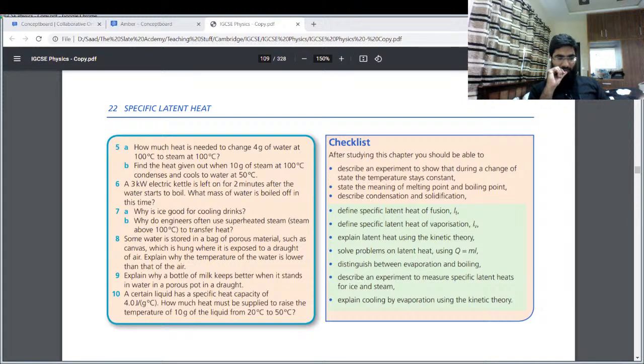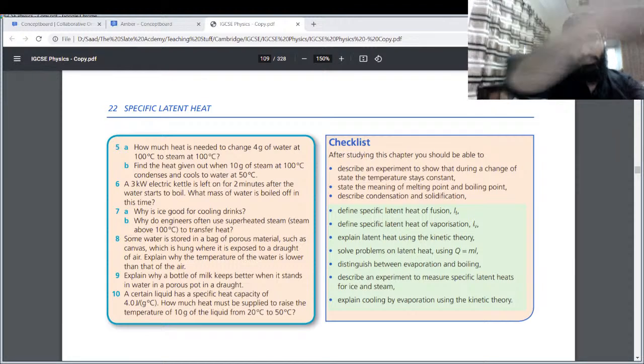But if it's put in water, the water would keep on absorbing energy from that bottle of milk and would let the milk stay good for a longer period of time, because water absorbs that energy and then when it evaporates it takes away that energy. That is the same reason water is used as a coolant. So specific heat capacity is the more precise answer for questions 8 and 9.